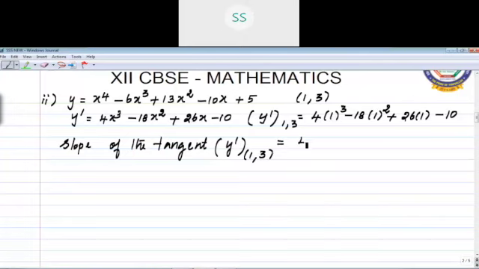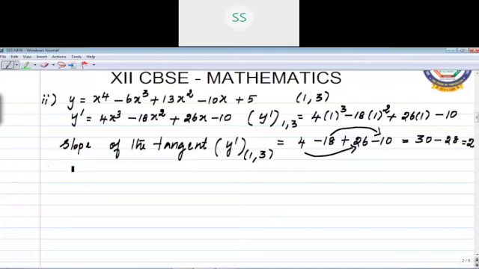You arrive here, 4 minus 18 plus 26 minus 10. 4 plus 26 is 30, minus 18 minus 10 is minus 28. So 30 minus 28 equal to 2. So what is your slope? 2. That is your m, your dy by dx. So you will write it here: m equal to 2. Slope of the tangent should be represented by dy by dx as well as m.